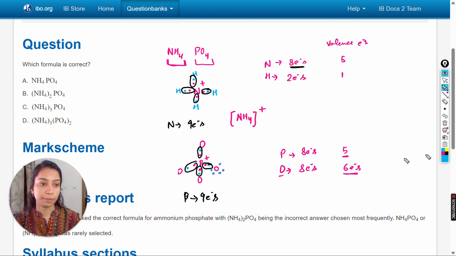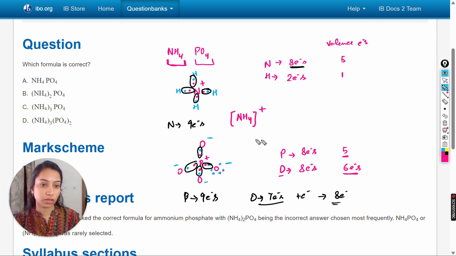So there are a total of 7 electrons around each oxygen, which means it has to gain 1 electron to complete its octet, right? So each oxygen will have 1 negative charge. So on the phosphorus 1 positive charge and 4 negative charges.